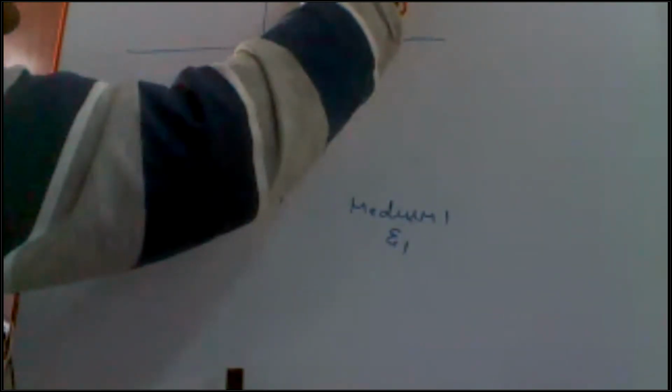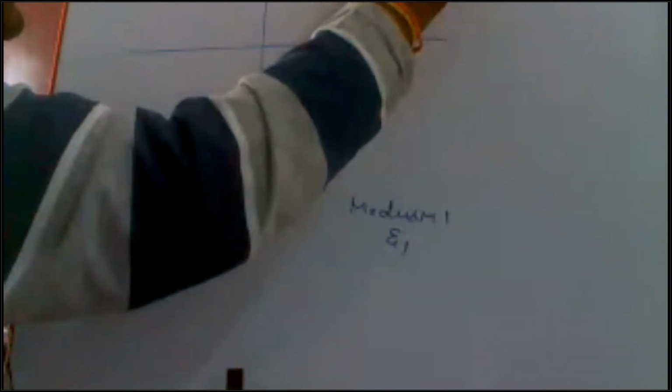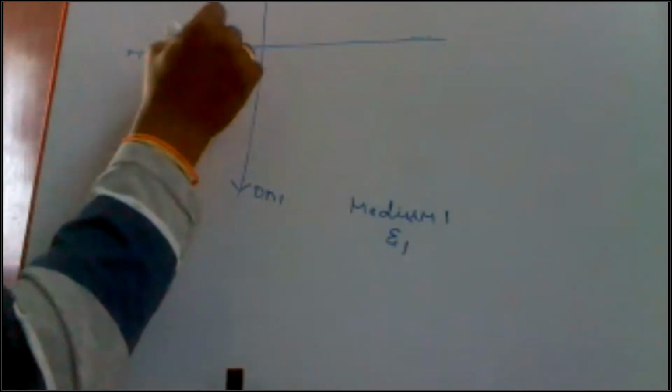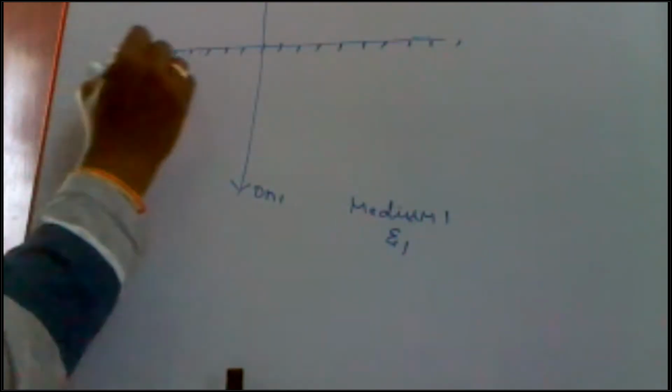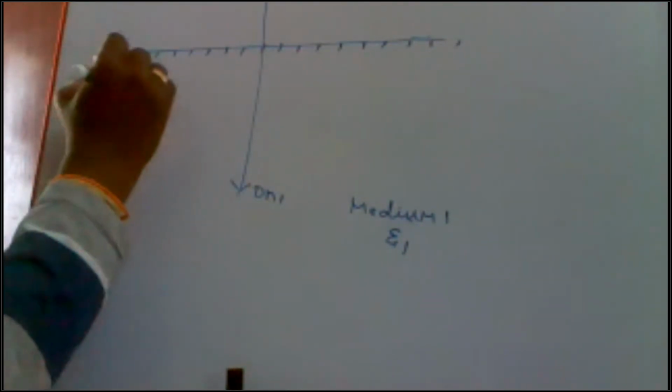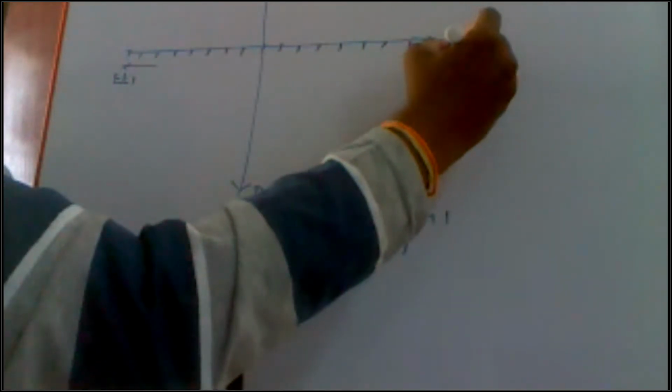So this is medium 1 whose permittivity is this, and this is medium 2 whose permittivity is epsilon 2. Okay, and this is actually a joint, right? And here I am taking et1, and this one I am taking it as et2. Okay, so this is my origin.